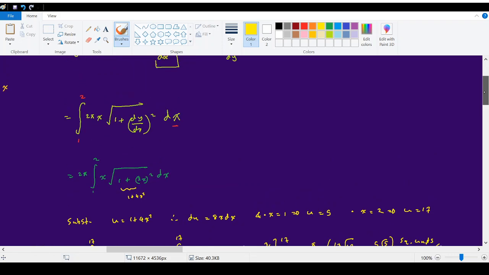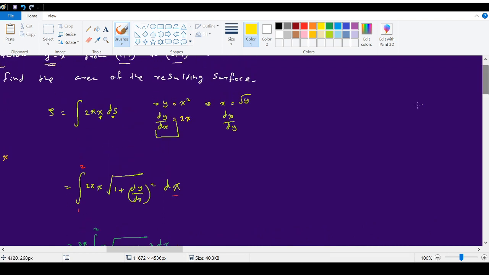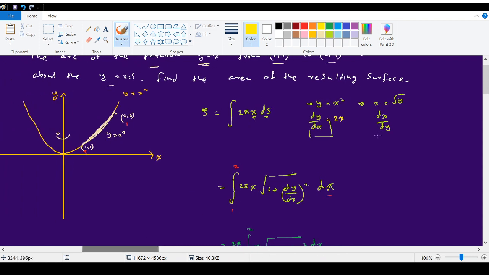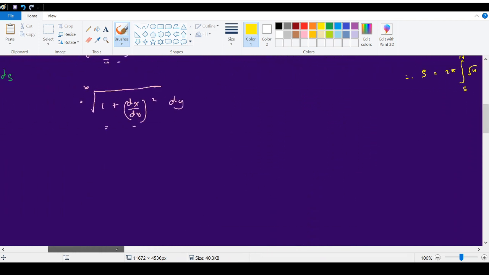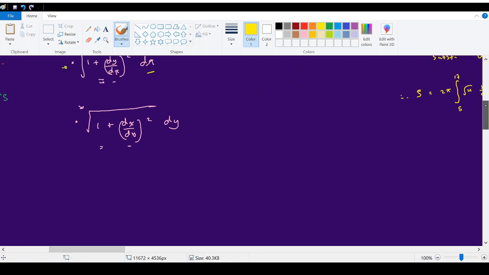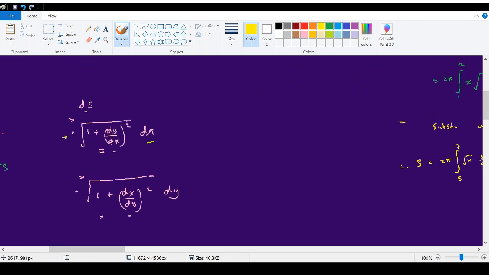Here we have used the first formula for ds. There were two options for ds, and in this case we have used this formula. But now let's try to use the other one as well.